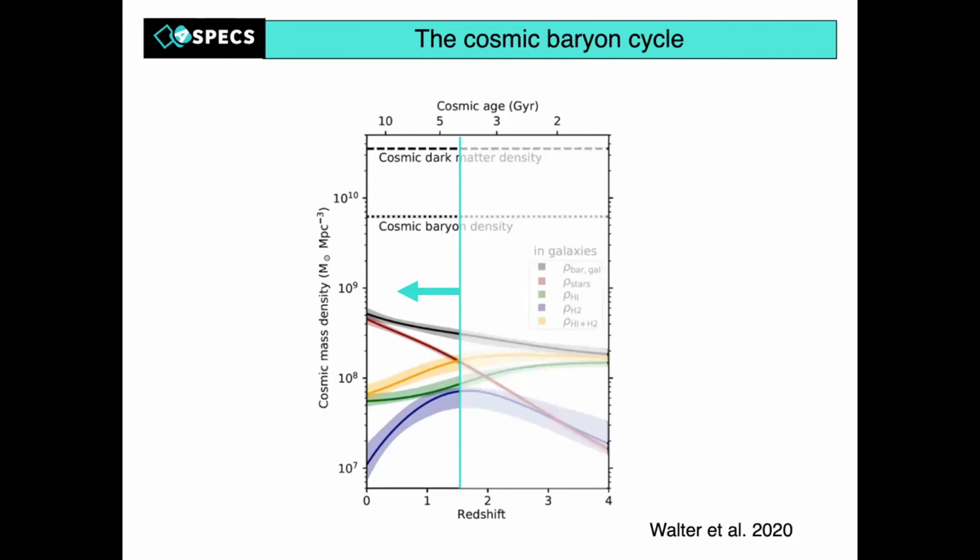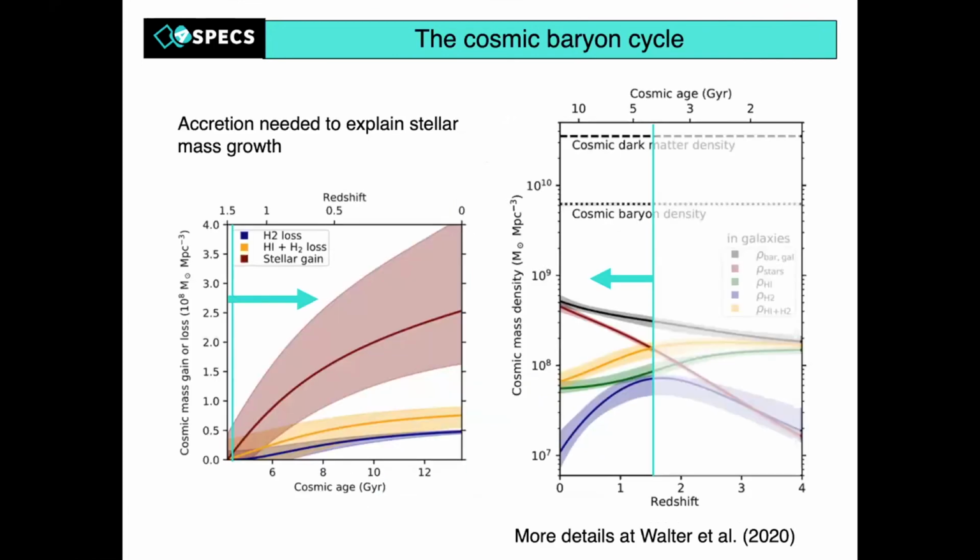So if you actually consider the cosmic mass gain or loss from galaxies, and particularly the stellar gain and the H2 loss and the H1 and gas loss in general, you will see that from redshifts 1.5 on, you have a significant stellar gain here, which is shown here in red, but then this is not compensated by the loss in H1 and in gas overall.